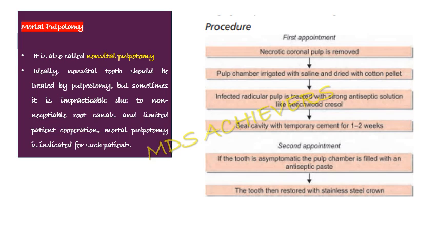Coming to the mortal pulpotomy, it is also called non-vital pulpotomy. Ideally, a non-vital tooth should be treated by pulpectomy, but sometimes it is impracticable due to non-negotiable root canals and limited patient cooperation, and mortal pulpotomy is indicated for such patients. Because sometimes the patients will be very hysterical.